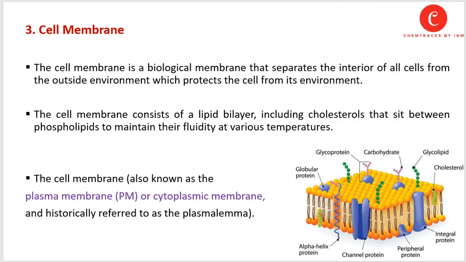The cell membrane is the outermost membrane in an animal cell, but it is not the outermost layer in a plant cell, because in our previous lecture we discussed that the cell wall is the outer tough rigid covering present on the outer side of the plant cell. So in an animal cell the membrane is the outermost layer, but in a plant cell the membrane is present under the cell wall. And the cell membrane is also called the plasma membrane due to the plasma lemma.